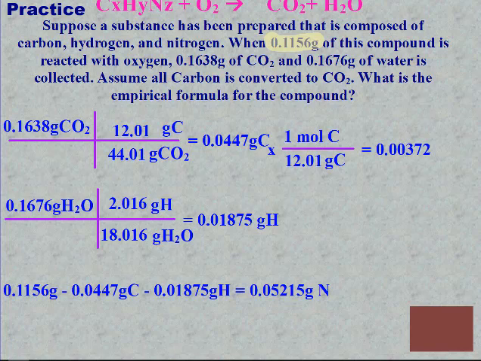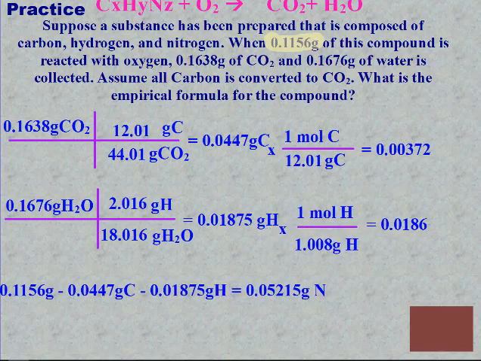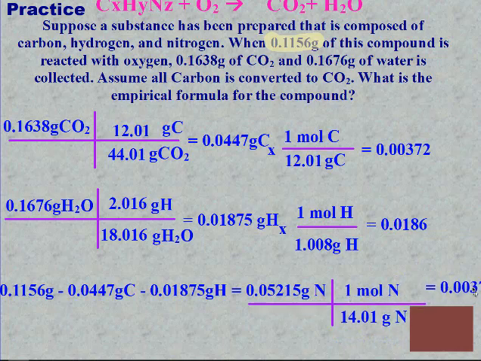I need to convert that to moles. And I have my grams of nitrogen, and I need to convert that to moles. Again, I'm dividing by 1.008 and 14.01 because this is all part of a compound.